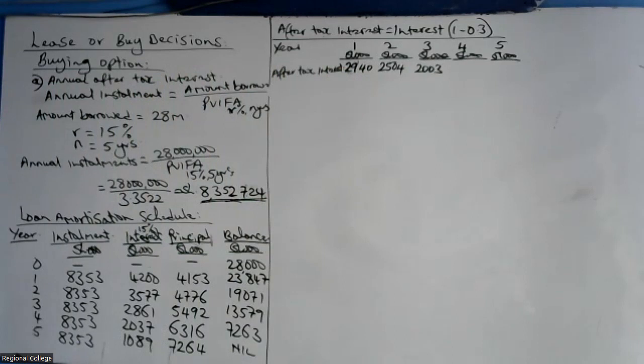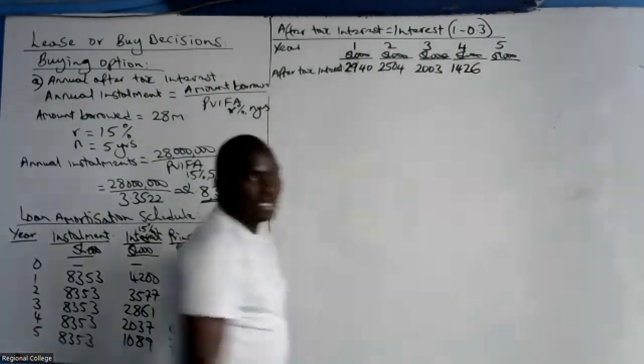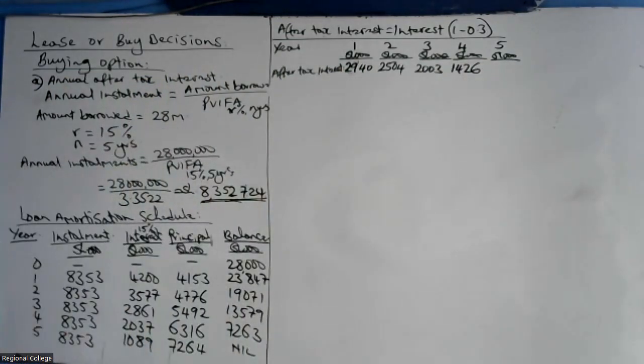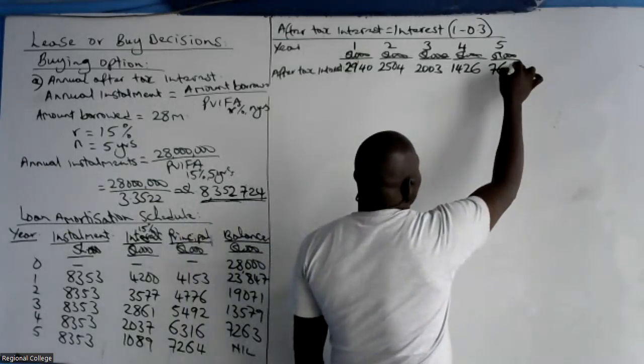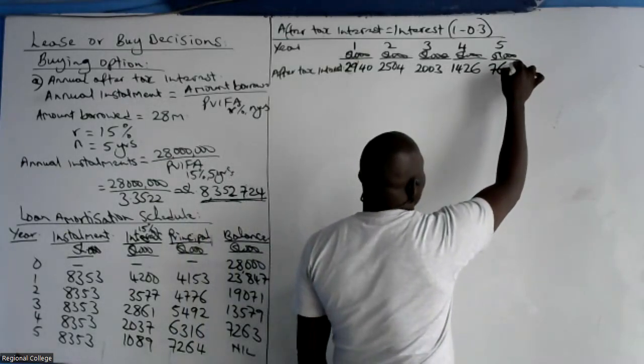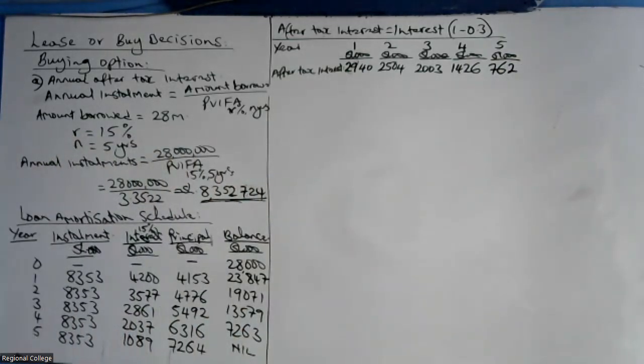After tax, 1 minus T. Finally, it's the after-tax interest that you're looking for, because interest is a tax allowable expense. Finally, 70% of 1089, 762.33, so 762.